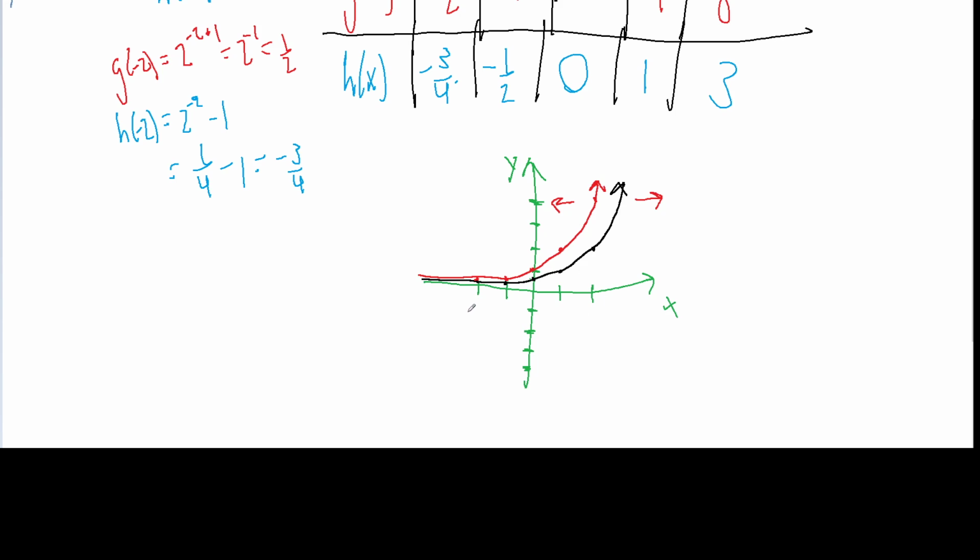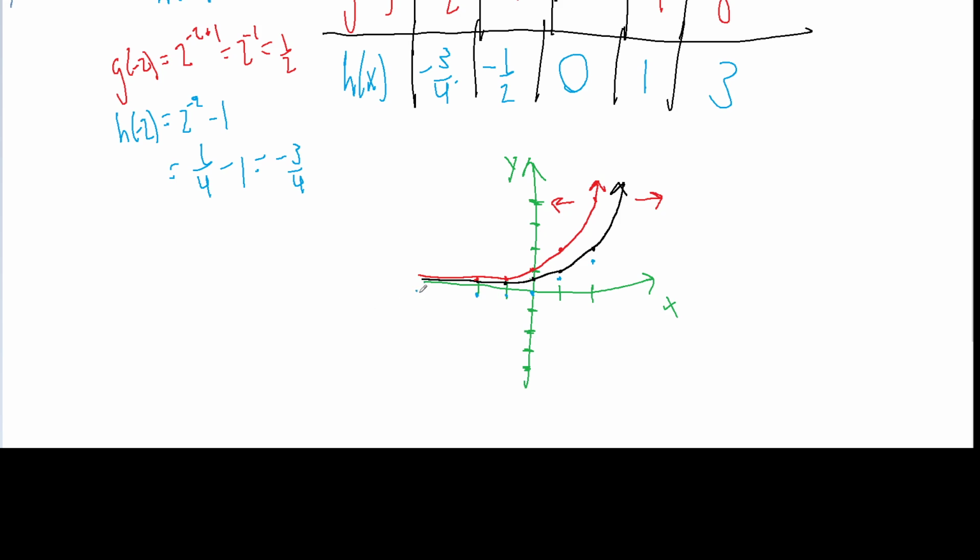Okay, and finally, h of x. When I'm at -2, it's really -3/4, so that's about right there. And at -1, it's -1/2, which is about right there. And at 0, I am at 0. And at 1, I'm at 1. And then at 2, I'm at 3, so I'm right there.